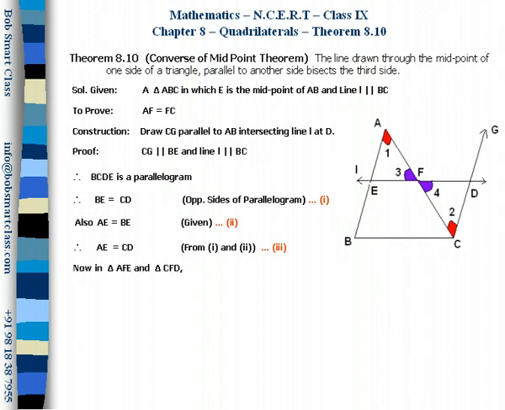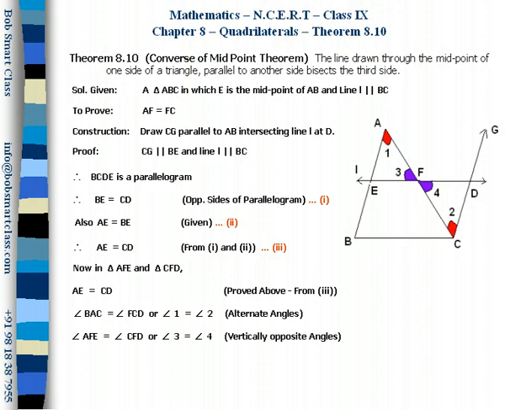Now, in triangle AFE and triangle CFD, we have AE equals CD as proved above in statement 3, and angle BAC equals angle FCD, or angle 1 equals angle 2, which are alternate angles of transversal AC which cuts the two parallel lines AB and CG.